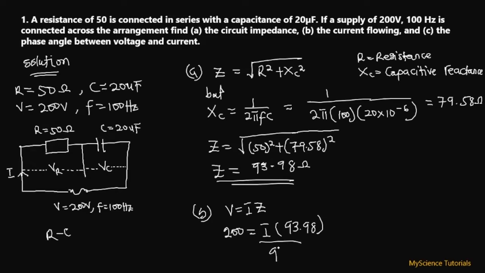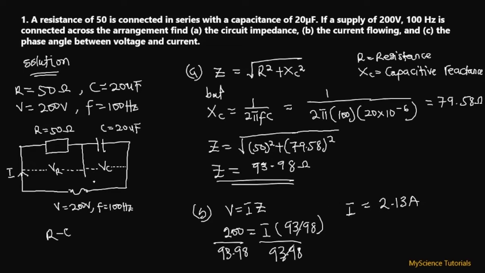If we divide both sides by 93.98, we get the value of our current I equal to 200 over 93.98, which gives us 2.13 amperes as the current flowing through this entire circuit.